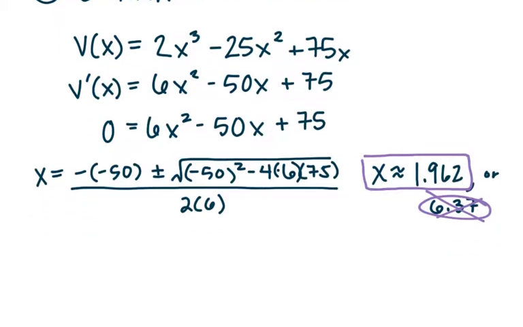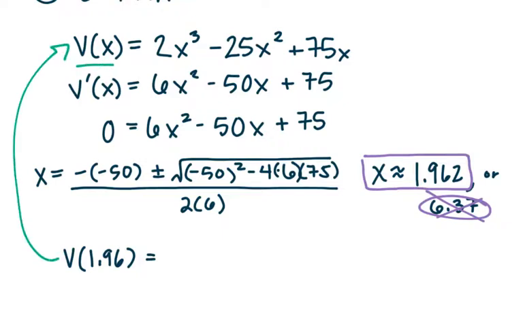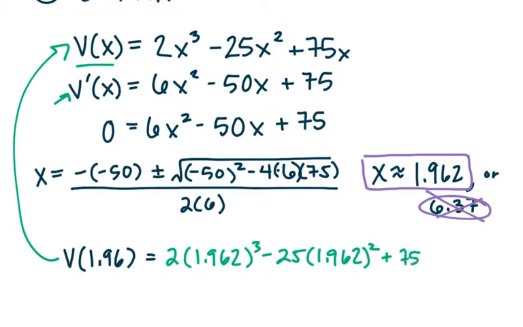All right, what is the volume? That volume is found by taking that 1.962 and plugging it into the volume equation, not the derivative. So if I were to do that, we've got 2 times 1.962 cubed minus 25 times that 1.962 squared plus 75 times 1.962.